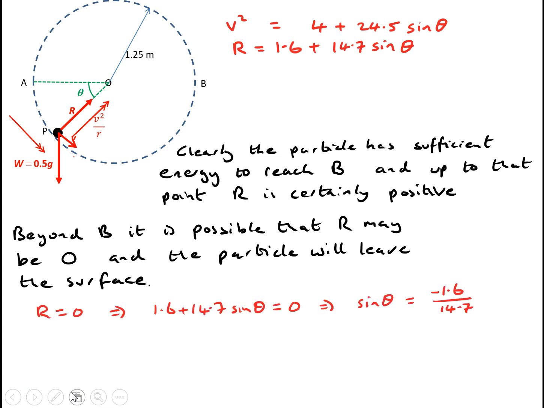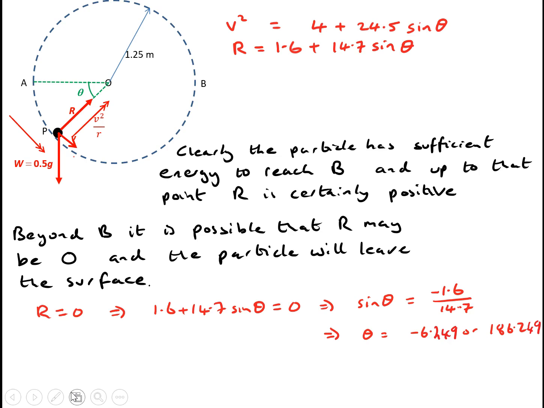For R to equal 0, we've got 1.6 plus 14.7 sine theta must equal 0. In other words, sine theta must be minus 1.6 divided by 14.7. Now that will give me either theta equals minus 6.249 degrees, or theta equals 186.249 degrees.